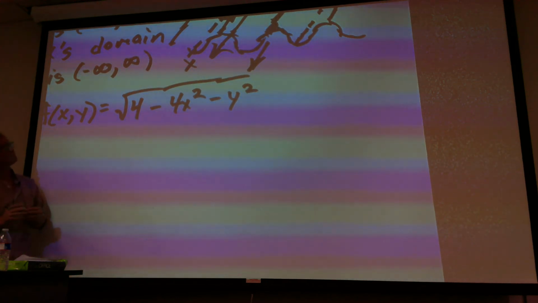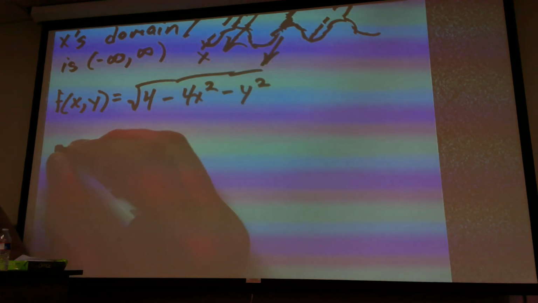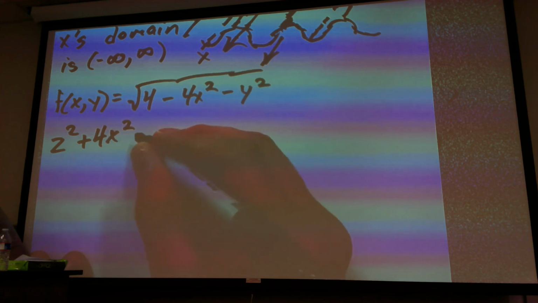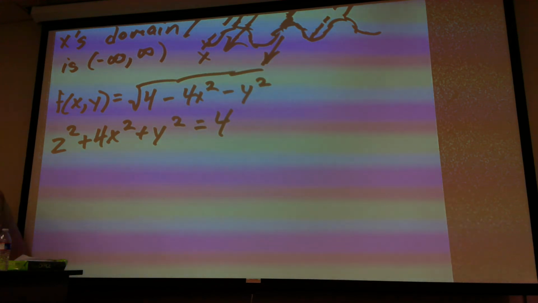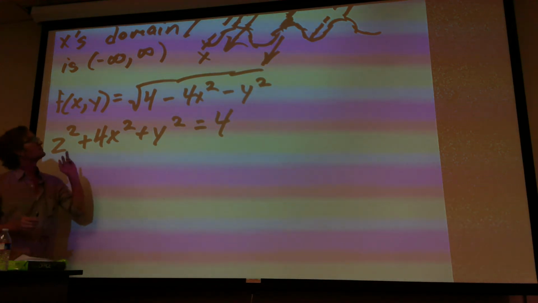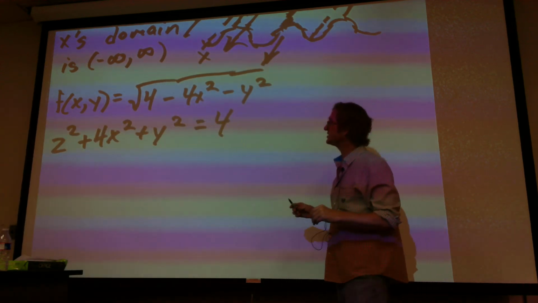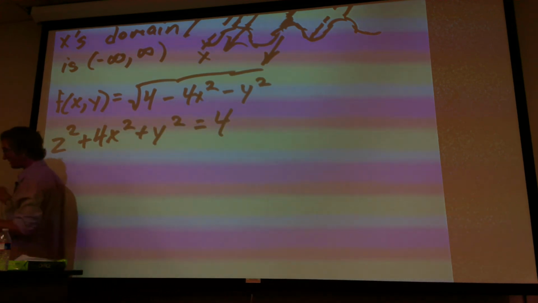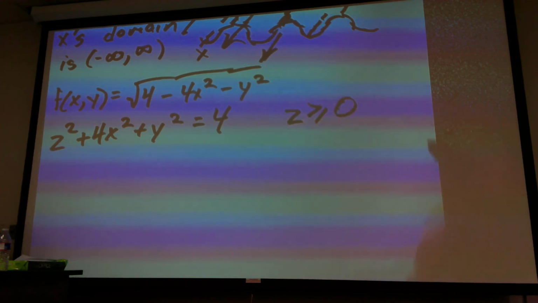So what would this correspond to would be z squared plus 4x squared plus y squared is going to equal 4. But with a restriction. So, since this is the positive square root of that, we have the restriction on this type of ellipsoid, that z has to be greater than or equal to 0.